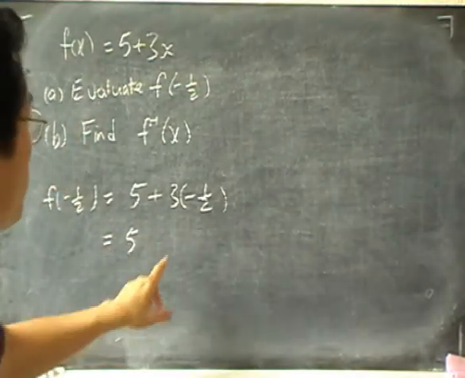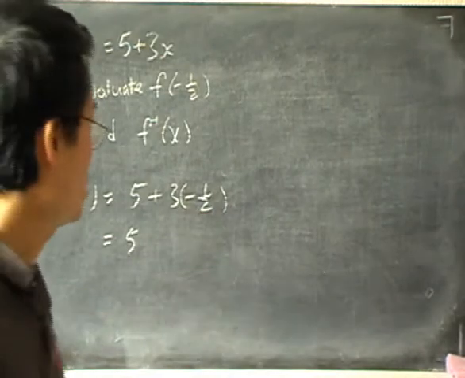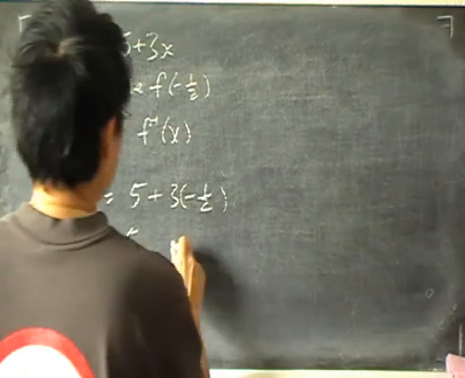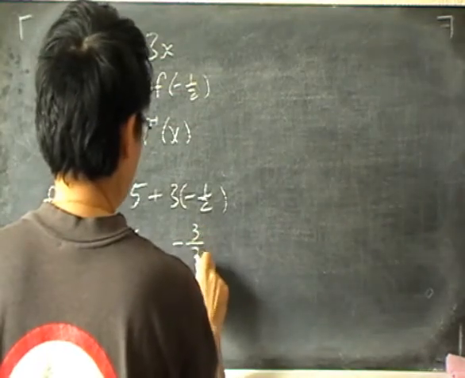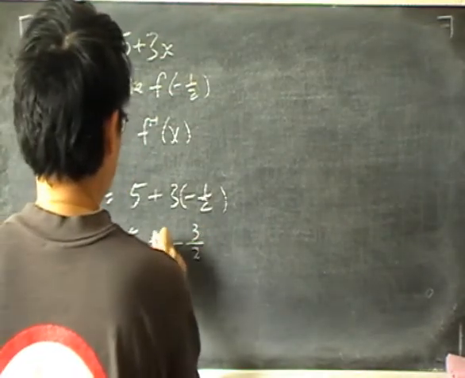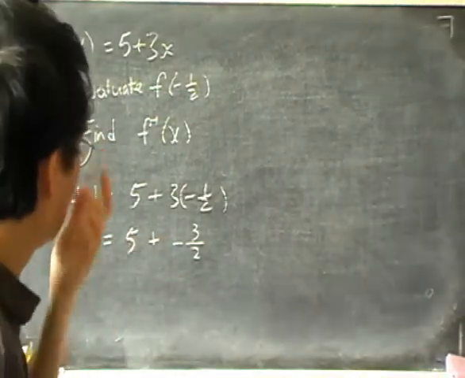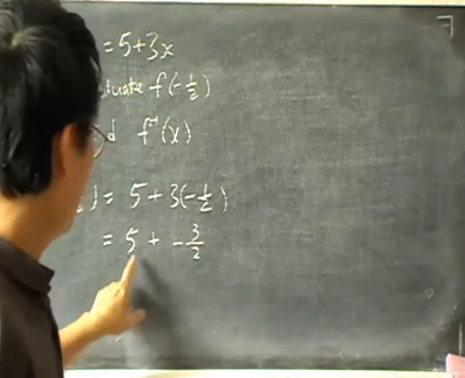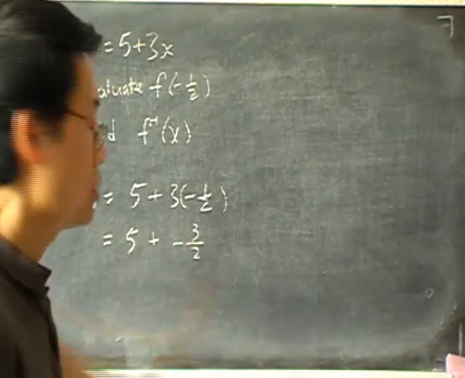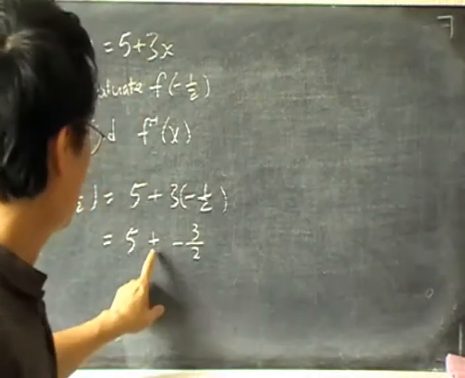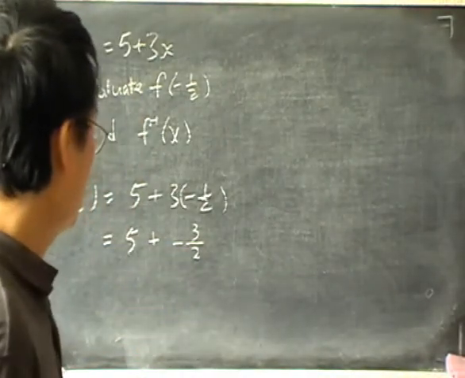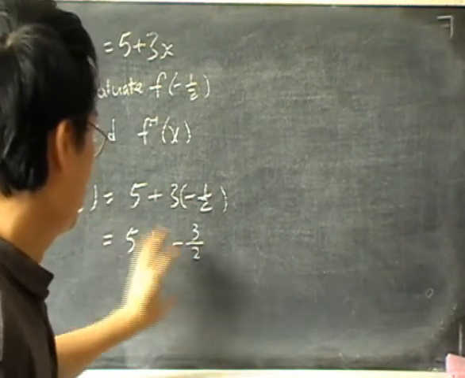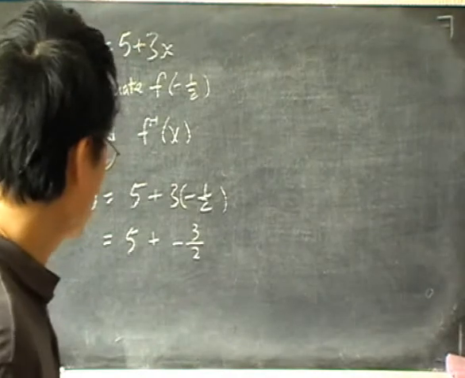Then, in the next step, we must multiply 3 by minus half, and the answer is minus 3 over 2. And I end up with this expression where I have 5 plus minus 3 over 2. That's a rather awkward expression. Of course, we would understand that we are really adding these two numbers, 5 and negative 3 over 2.